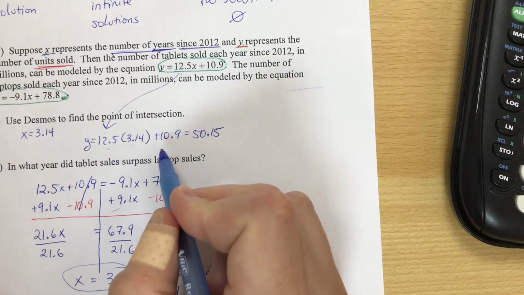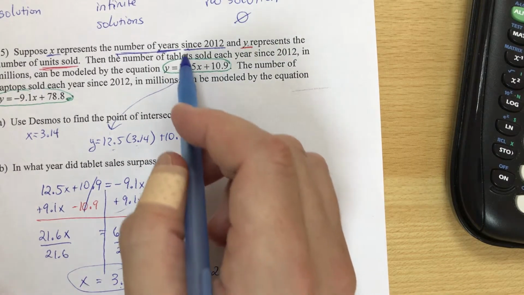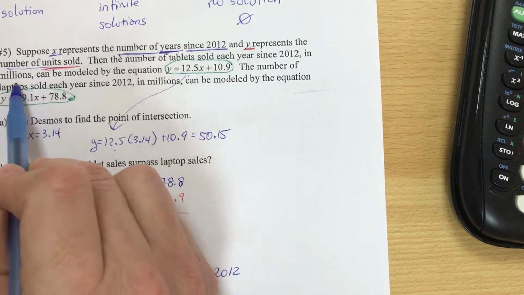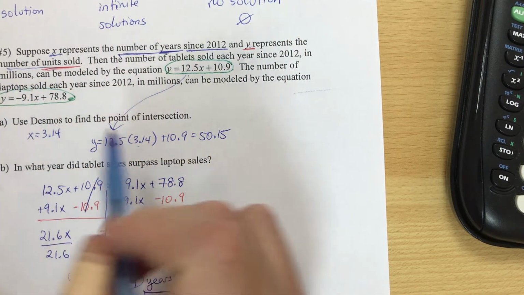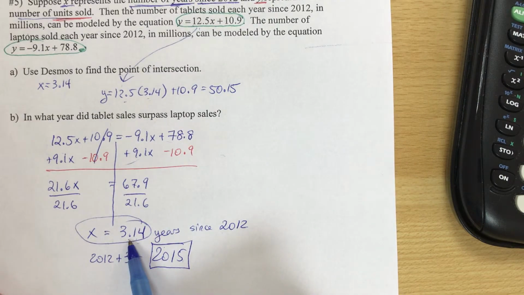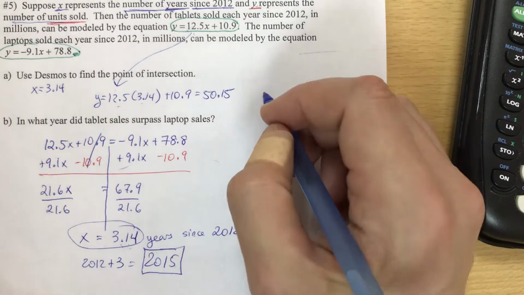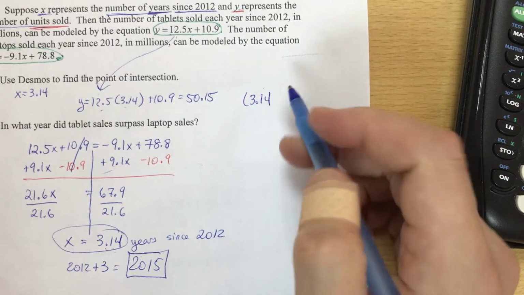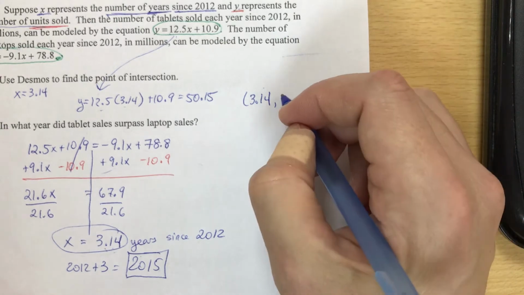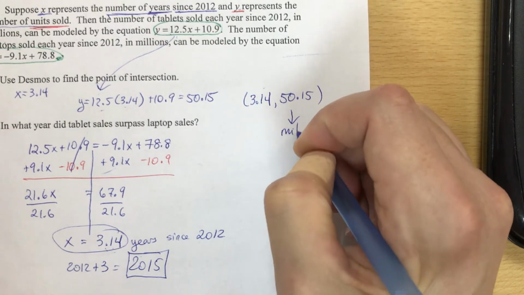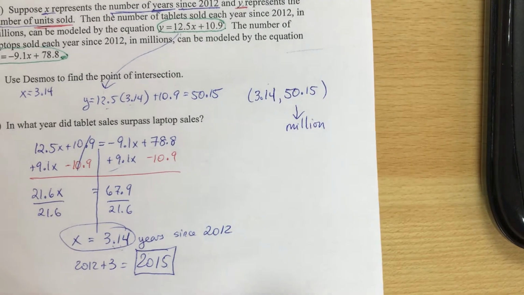Now the y value represents the number of units sold, and it's in millions. So in the year 2015, in 3.14 years, that's where the sales will be equal to each other, and the number of sales would be about 50.15 million.